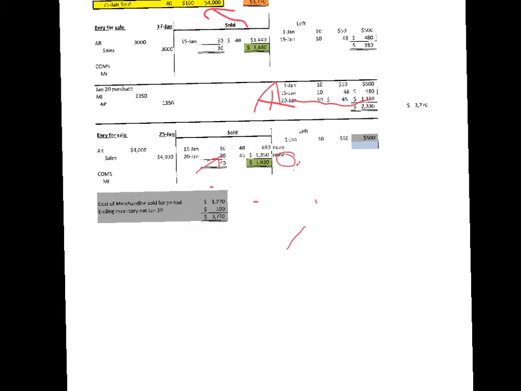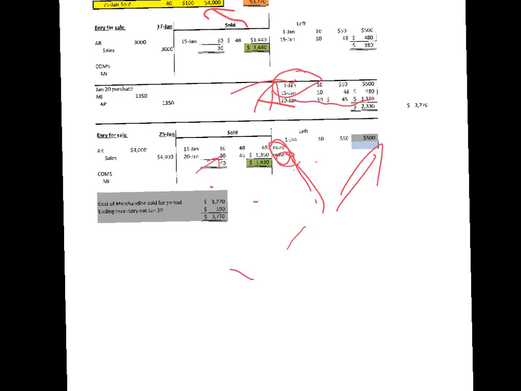The next ones up are the 10 at 48, and notice that conveniently adds up to 40, but it didn't have to. I just need to make sure it adds up to 40. If there were 15 in there, I'd sell 10 and have 5 left. But in this particular case, I have none of those left. And I still have my original 10 of my first purchase left. So 10 at 50 left, so I still have the $500 left.